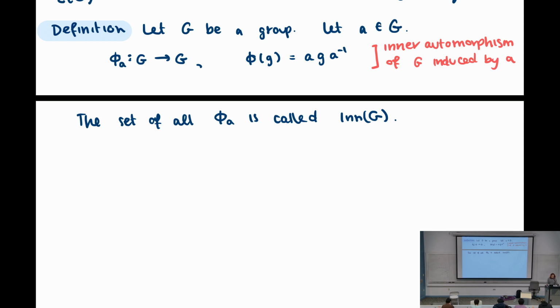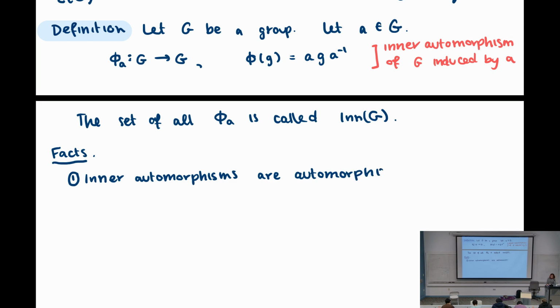So let me just say some facts about these, and I'll give you a few minutes to think about why they're true, and discuss together. The first claimed fact is that the inner automorphisms are in fact automorphisms. So they give bijections from G to G, and they preserve the operation.